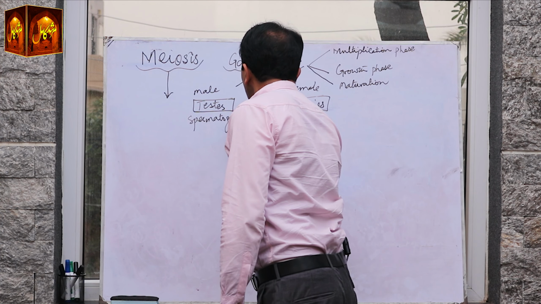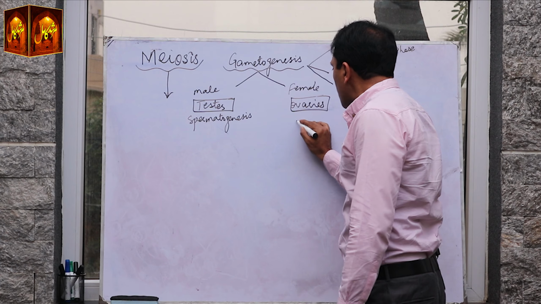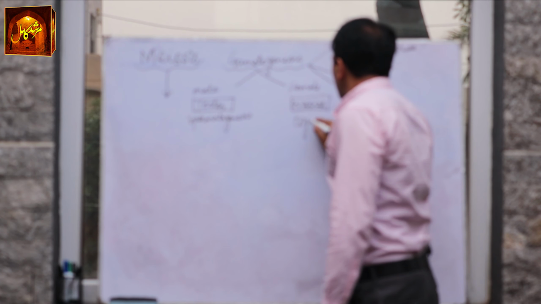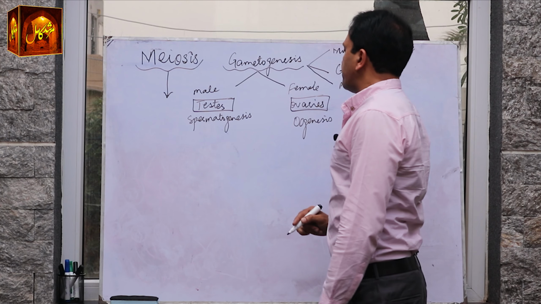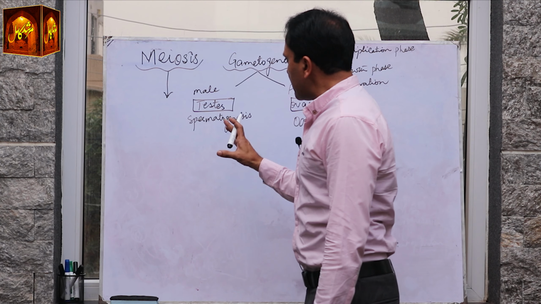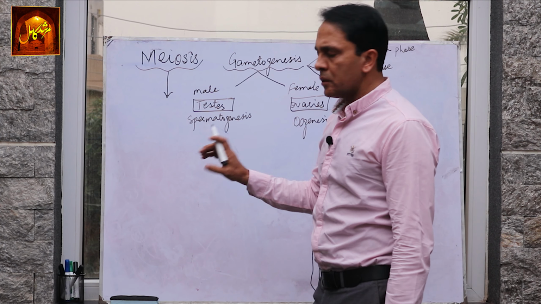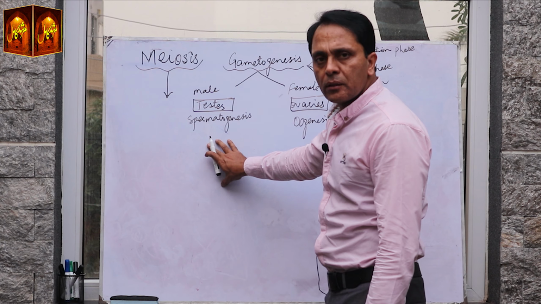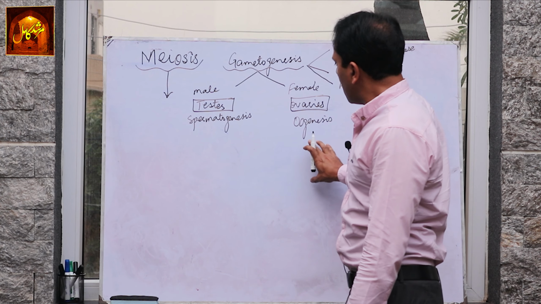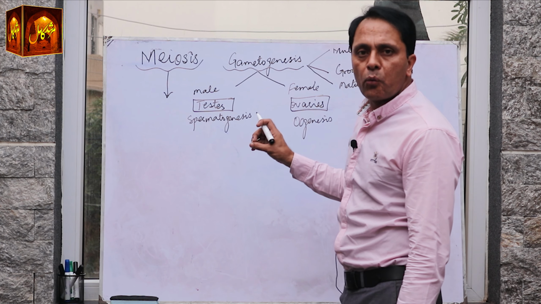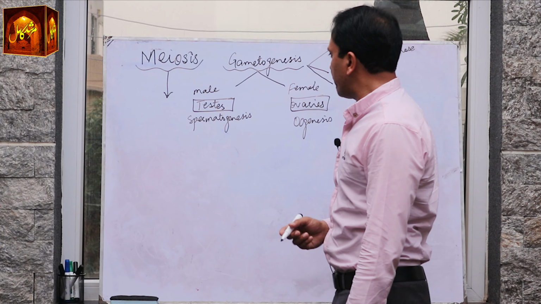And in females, this process is called oogenesis. Now we discuss both these processes: spermatogenesis, the formation of sperms; oogenesis, the formation of ova or egg.